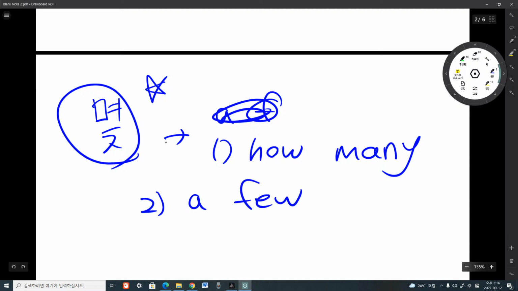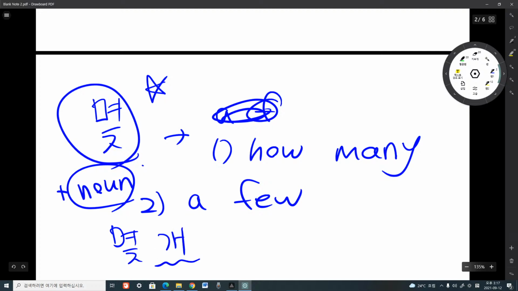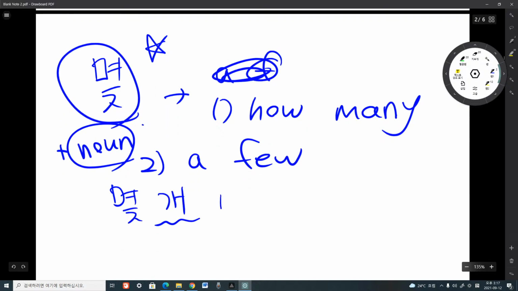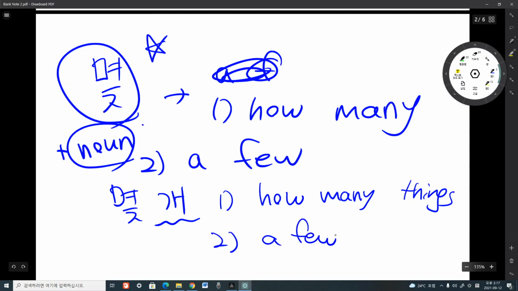Since 몇 is a determiner, it has to be followed by a noun. So if you say 몇 개, 개 is a counter word for counting items, right? 몇 개 would mean how many things. Or it could also be a few things.